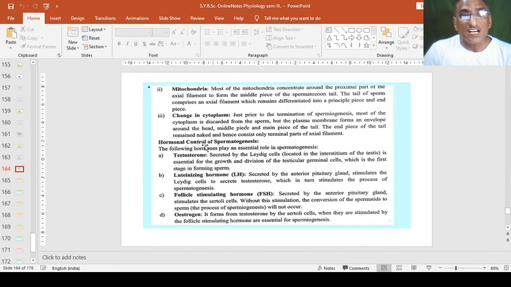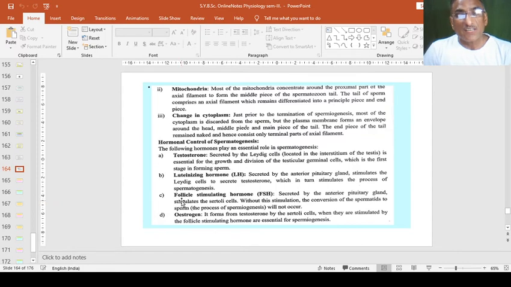The formation of one hormone depends on the stimulation of another hormone. This is one important thing in endocrinology, and this in turn stimulates the process of spermatogenesis. Both together perform the activity and the actual spermatogenesis process is started here.